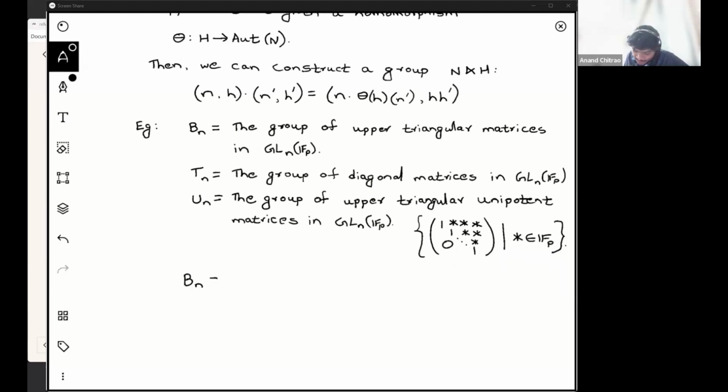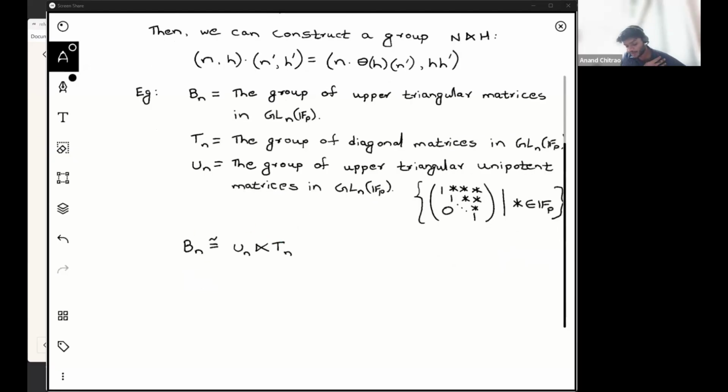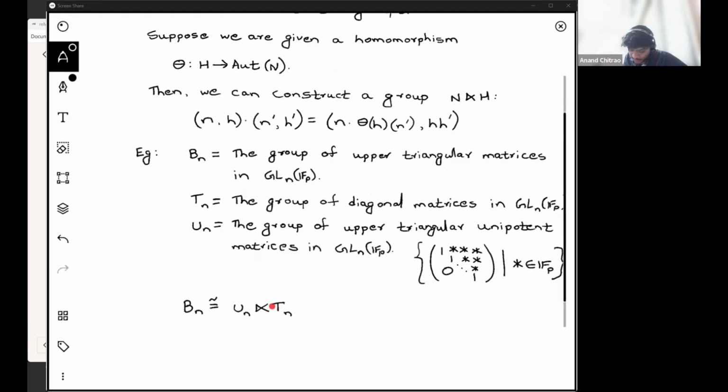Now, it turns out Bn is isomorphic to a semi-direct product of this form, Un semi-direct product Tn. The point to note is that their cardinalities match: the cardinality of Bn is the product of the cardinalities of Un and Tn. Then there's a small check of how Tn acts on Un via this automorphism.